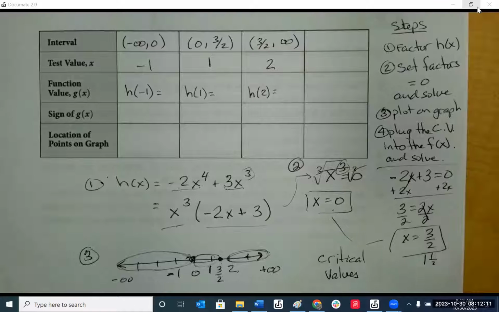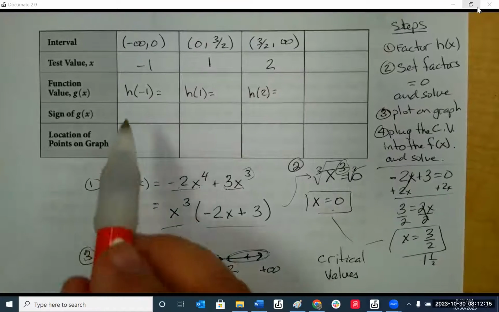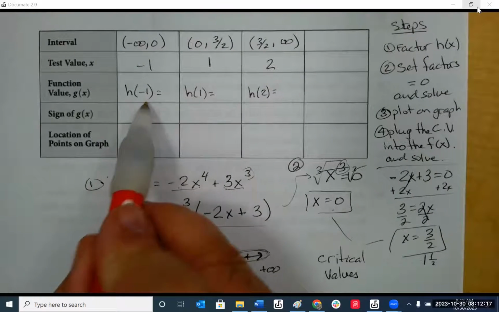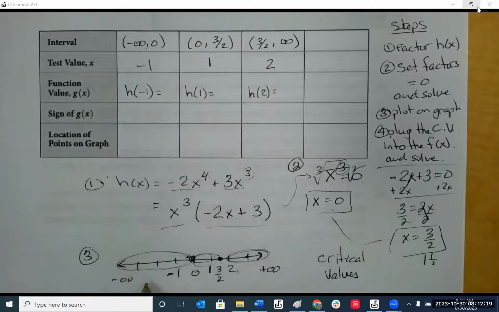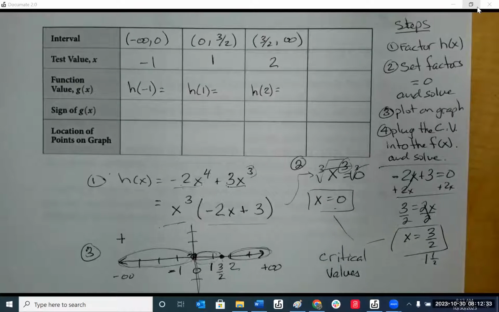When we plug the value in, we see if it's positive or negative. If it's positive, it'll be above the x-axis. If it's negative, it'll be below the x-axis. There's the y-axis. So that's what we're looking for: whether the graph is above or below the axis in each of these intervals.